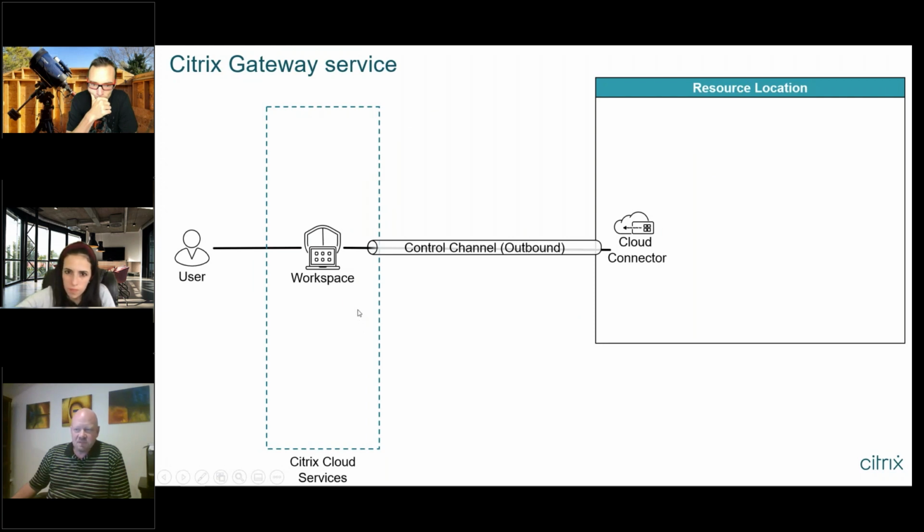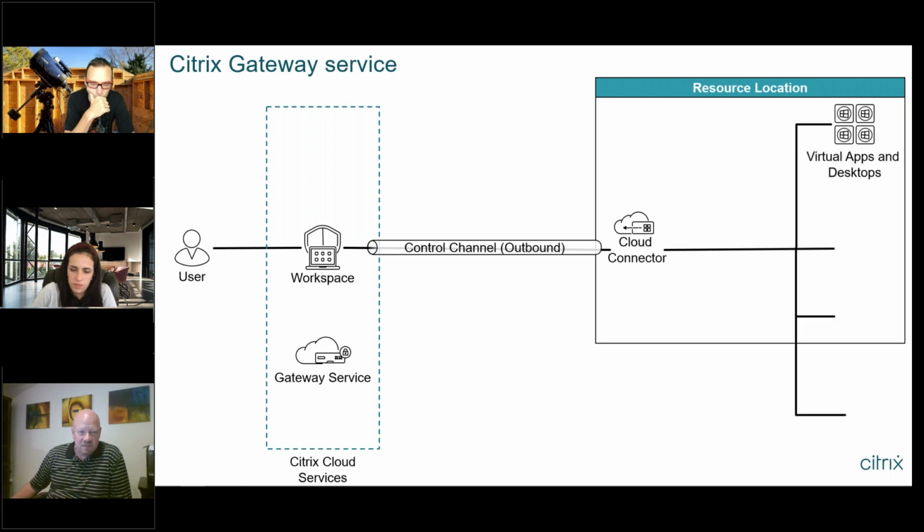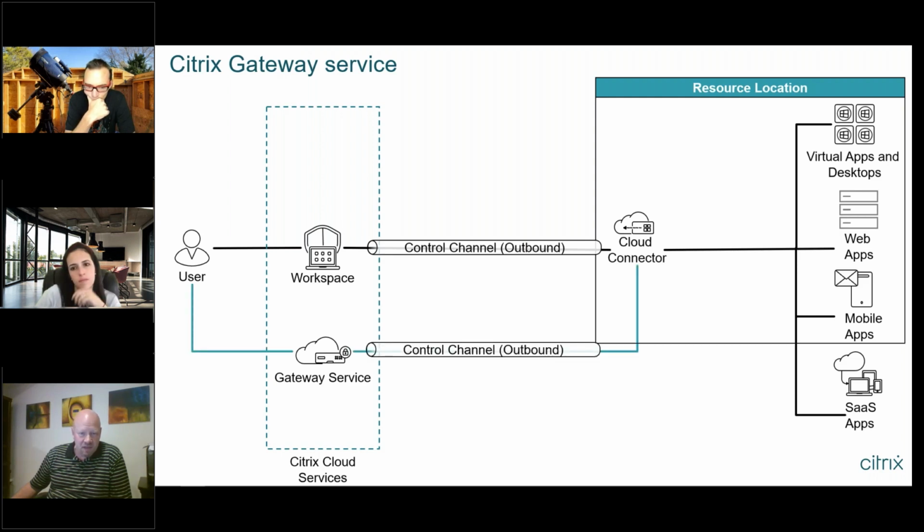So Citrix Gateway Service is really the delivery arm for Workspace Service to deliver access from any location to a variety of applications, including the virtual apps and desktops, web apps, mobile apps, and SaaS apps. And it does this by proxying a connection from the user through a cloud-connected tunnel, which is secure and set up outbound only.